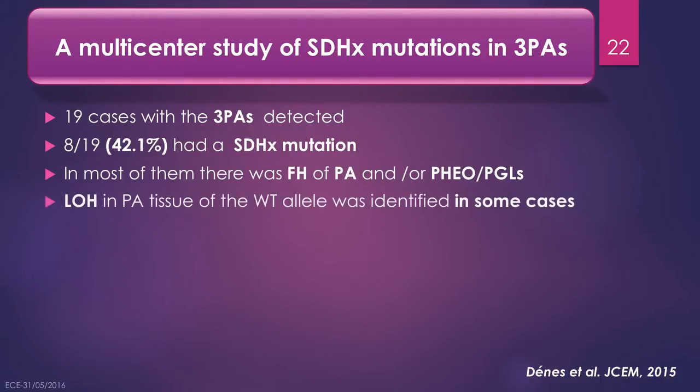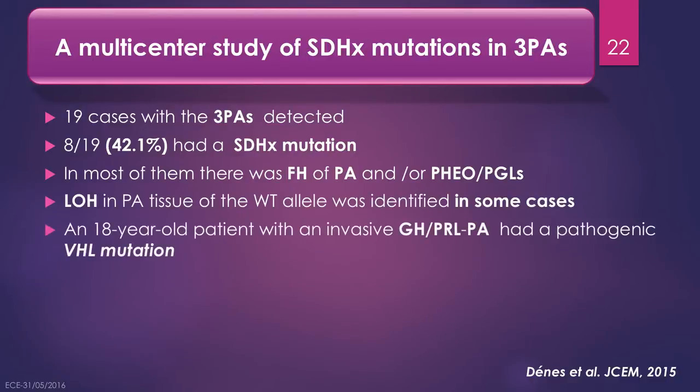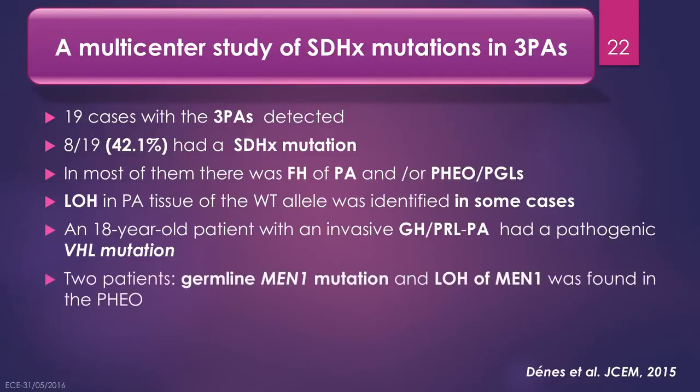They were able to show LOH of the wild-type allele in pituitary tissue in some cases. Interestingly, they identified an 18-year-old patient with an invasive mixed pituitary adenoma, which was found to harbor a VHL mutation. They also identified 2 patients with germline MEN1 mutations, and they showed LOH of MEN1 in the pheochromocytomas.